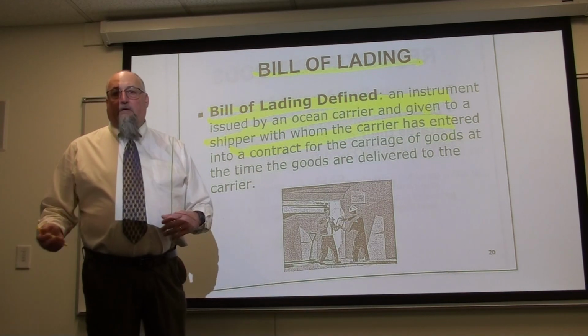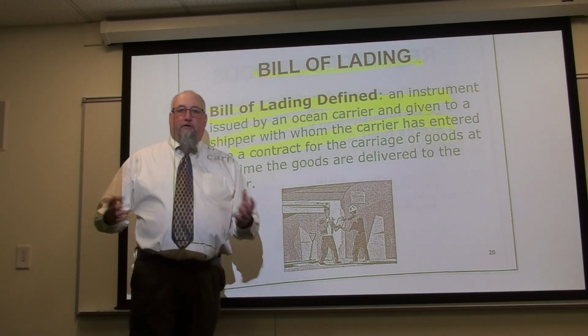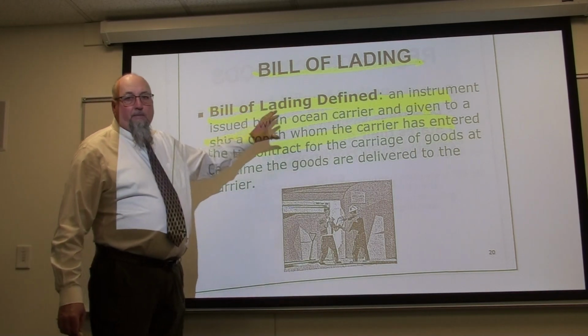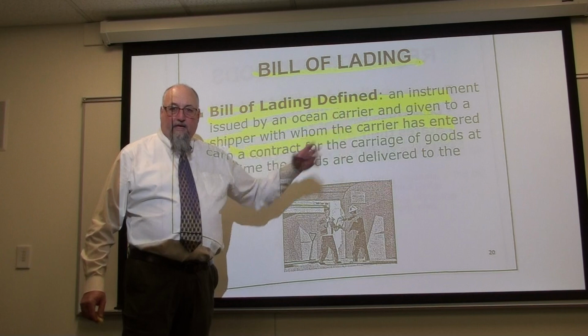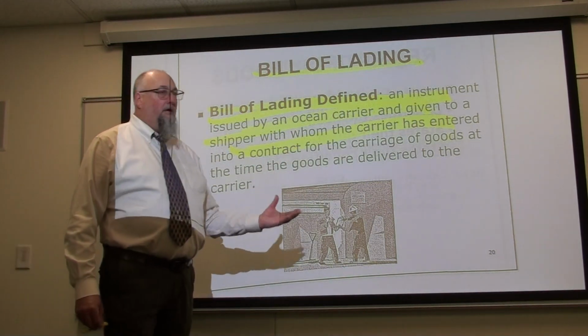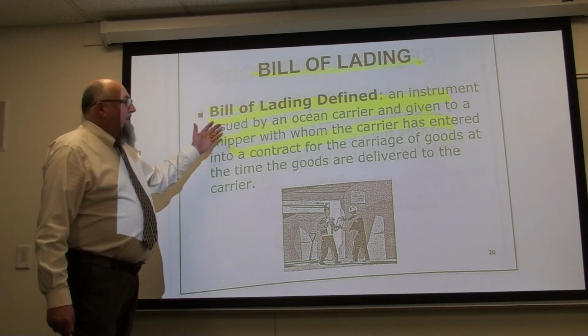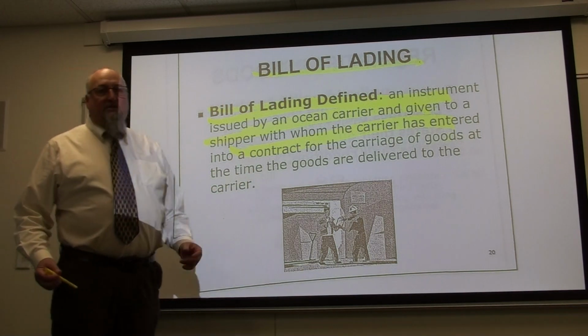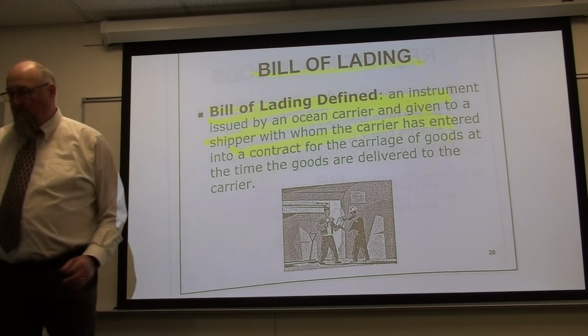So a carrier could be a ship, an aircraft, a truck, a train, a bus, whatever. A bill of lading is a document issued by the shipping company that's going to be carrying the goods, the cargo, and it has entered into a shipping contract with the parties for the transportation of the goods.